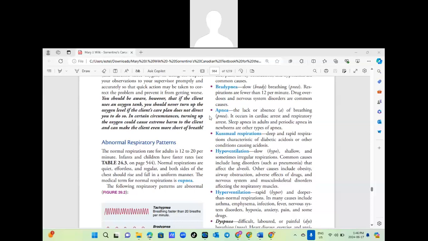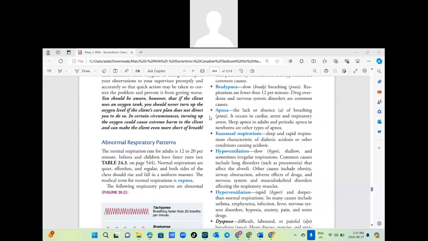Of course, when the person stops breathing, the oxygen exchange in the alveoli is also affected. So they have to use a sleep apnea machine to regulate their breathing when they sleep. Apnea occurs in cardiac arrest and respiratory arrest. Sleep apnea in adults and periodic apnea in newborns are other types of apnea.